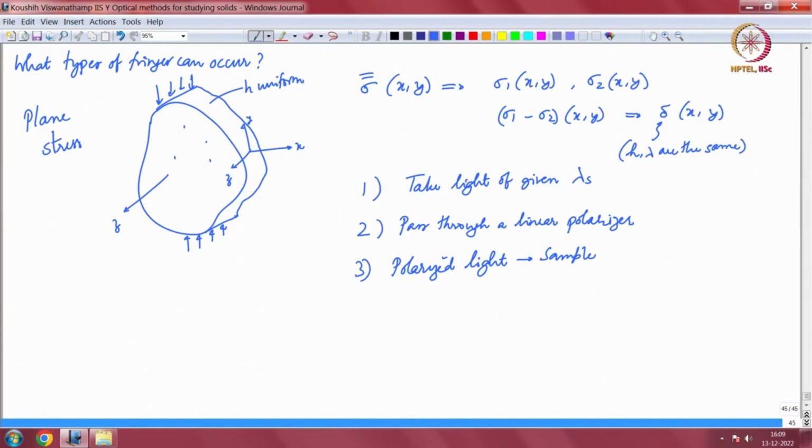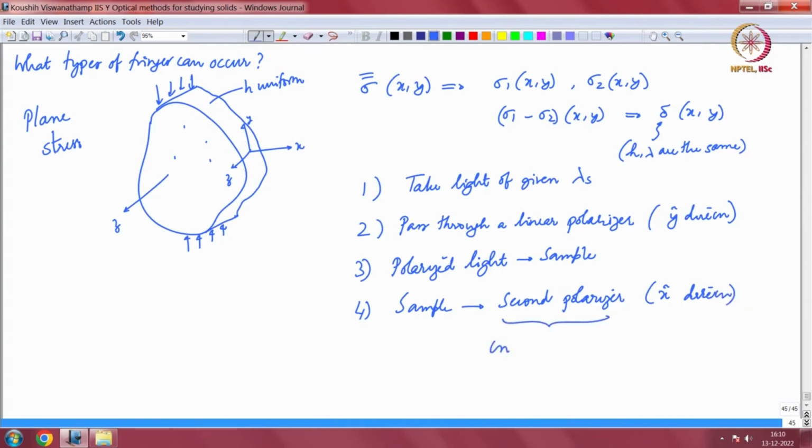So, we pass the light through the sample, and let us say this polarizer is along the y hat direction, that is the polarization direction. Once it comes out of the sample, we pass it through another polarizer, a second polarizer, which is crossed with the first one, called a crossed polarizer, or in the photoelastic literature it is sometimes called an analyzer.